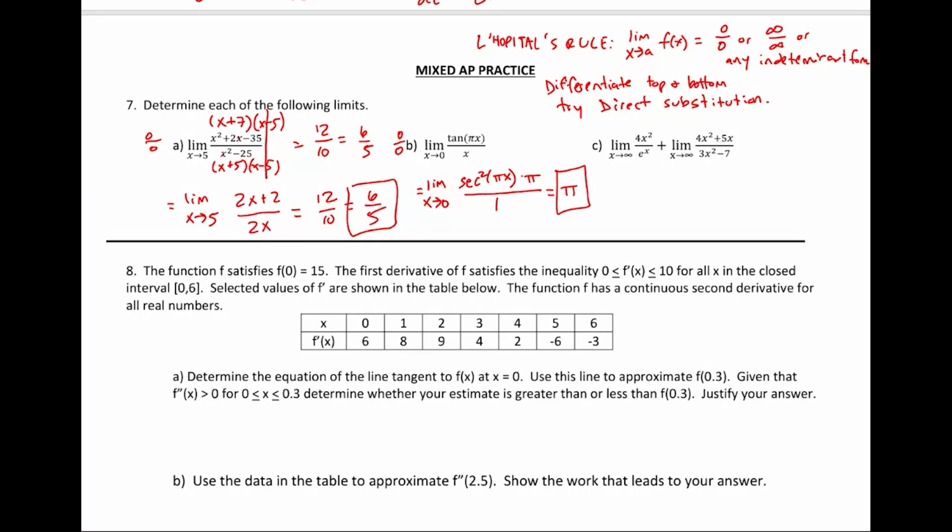All right. For part C, we're going to run into a little bit of a problem trying to use L'Hopital's rule, I think, because if I try to plug in, first of all, you can't just plug in infinity. So that's not going to work. Instead, we're going to have to think about the horizontal asymptotes and the relative rates of growth of both the numerator and the denominator.